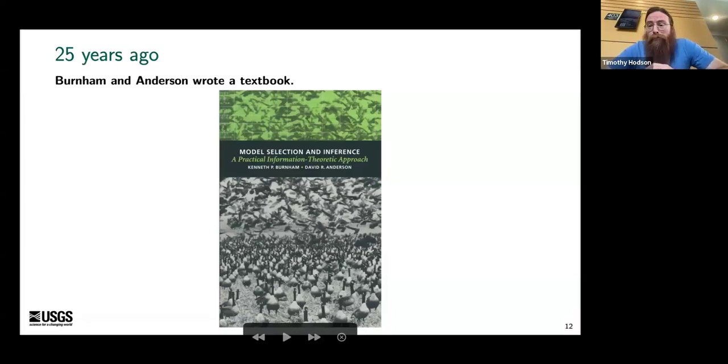They're USGS researchers in the ecological unit. Many of the best earth-science-y textbooks that treat information theory and probability theory are coming out of ecology, and many of them by USGS researchers.